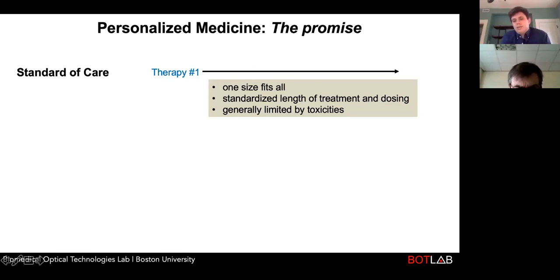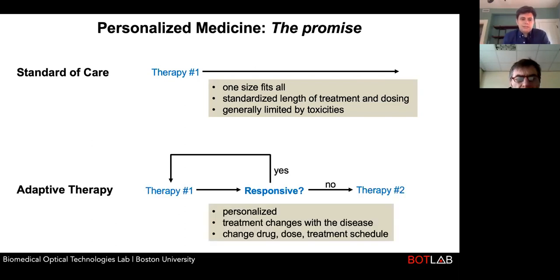We match a therapy as best we can to a patient, but then we give a standard length of treatment, standard dosing that's generally determined by the size of the patient and generally limited by toxicities.